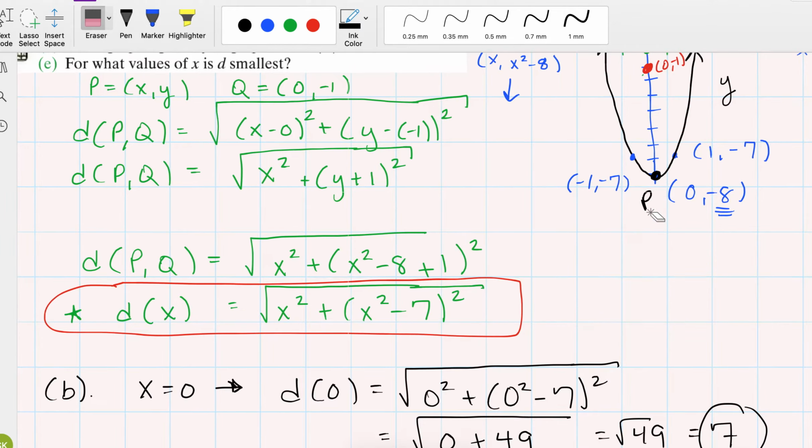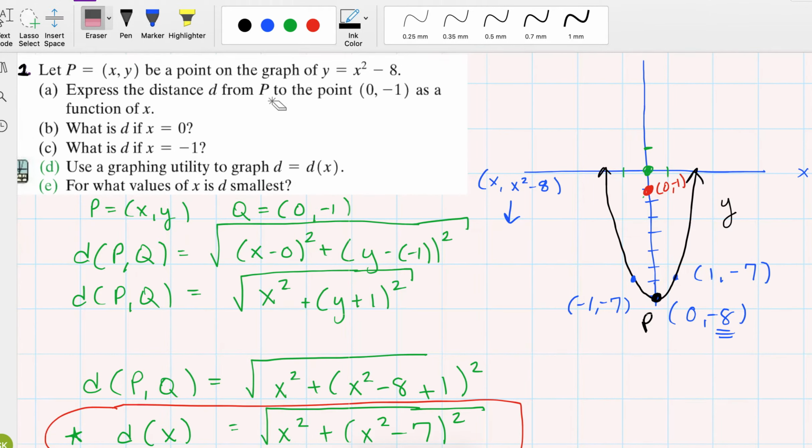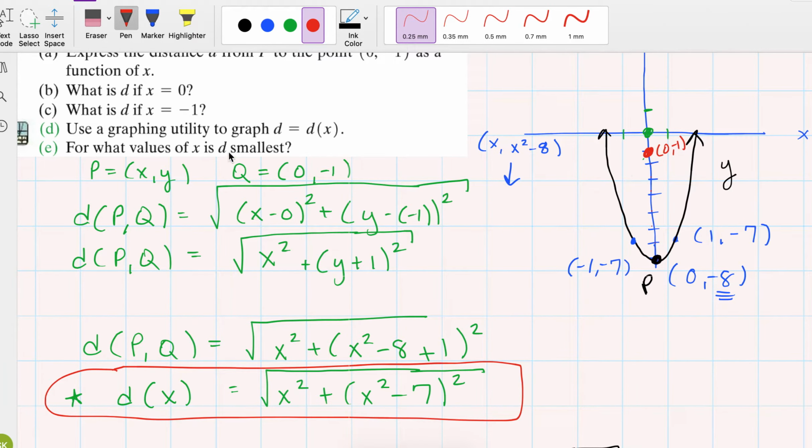So when x is 0, we get the y value of -8. So P is a point on this graph, and we get this point right here. And if we measure the distance between this point and this point, what do we get? 1, 2, 3, 4, 5, 6, 7. We have a distance of 7 units. It's just the length of the straight line between these 2 points, and that would be 7.